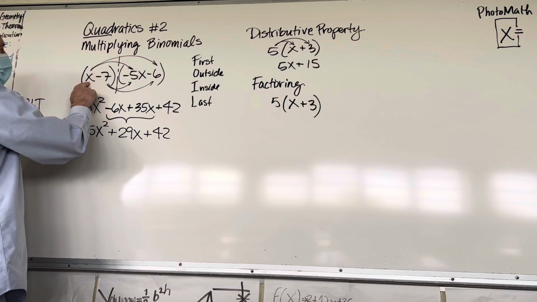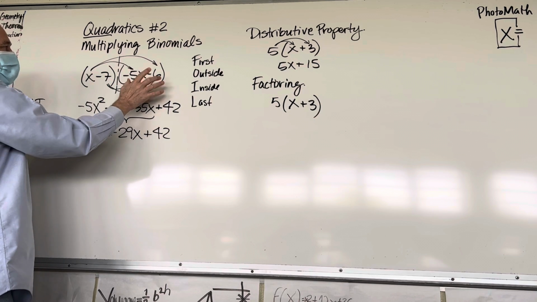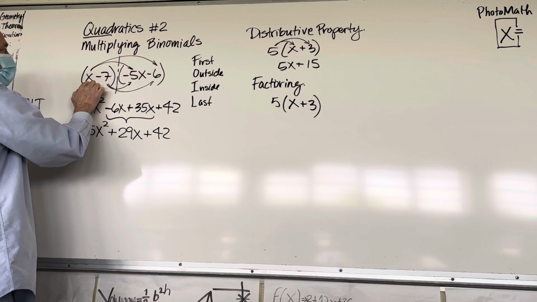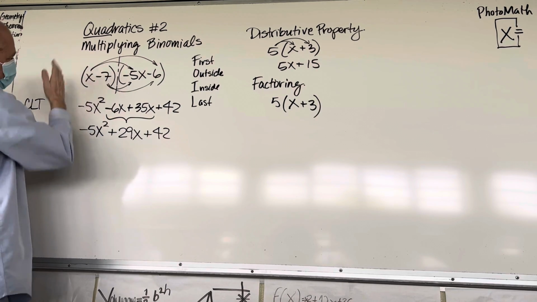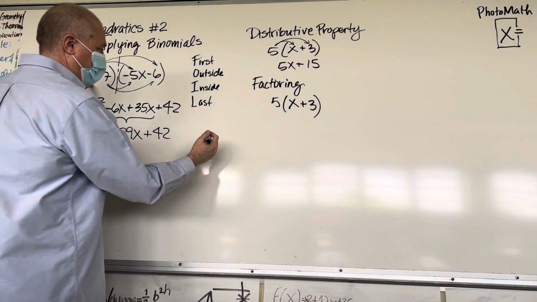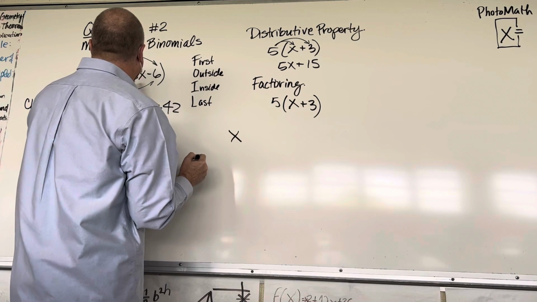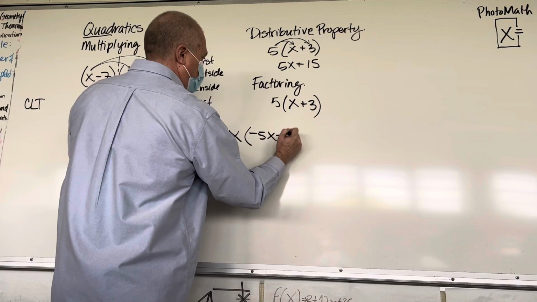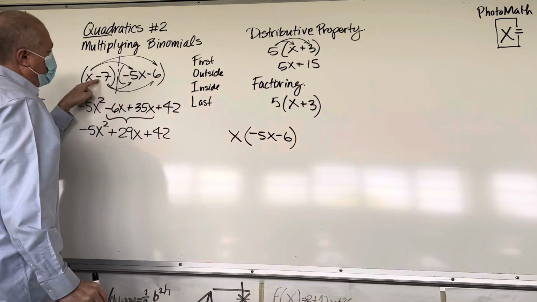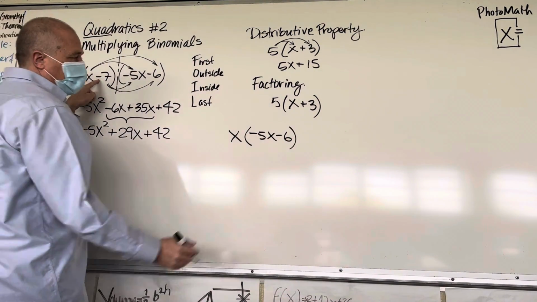So see how the x got multiplied by both terms of the second. So you take the first term, the x comes out here, multiplied by the second, negative 5x minus 6. There's a subtraction going on in here, right?